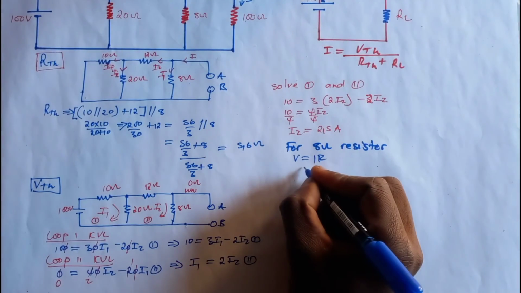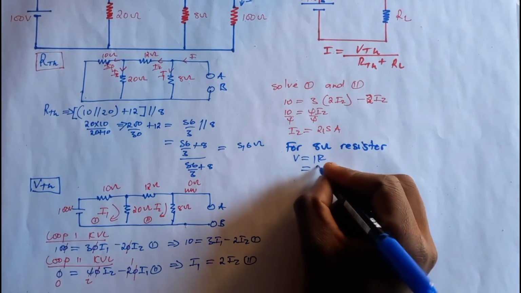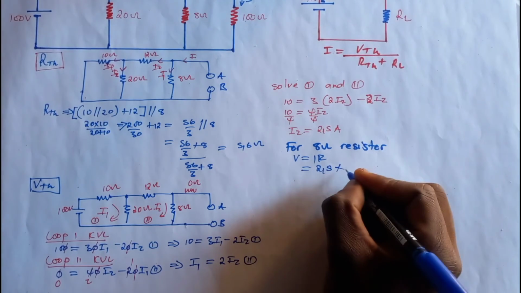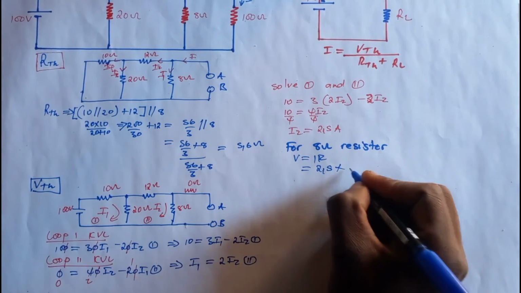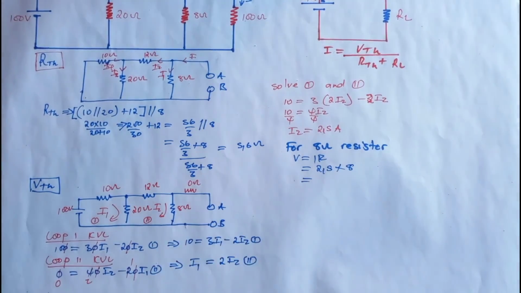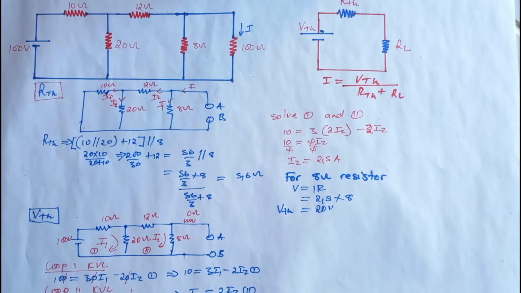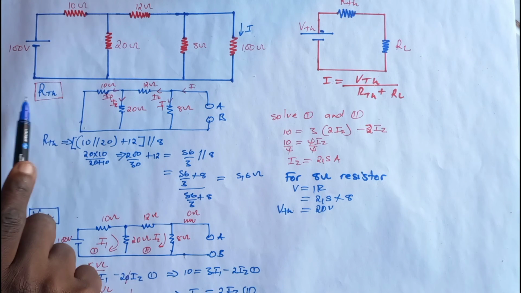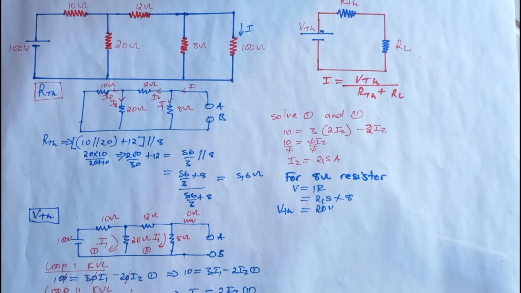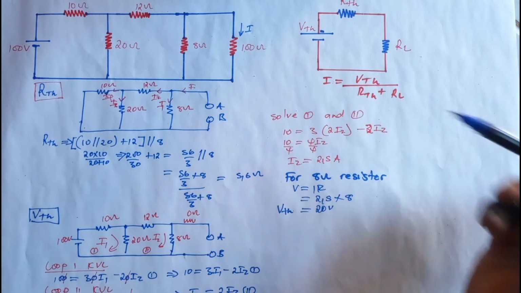So the voltage is going to be the current, 2.5, times the resistance, which is 8. 8 times 2.5 gives us 20. So now we have the Thevenin voltage, 20 volts, and we have the Thevenin resistance, 5.6, and we're going to just put our load resistor.